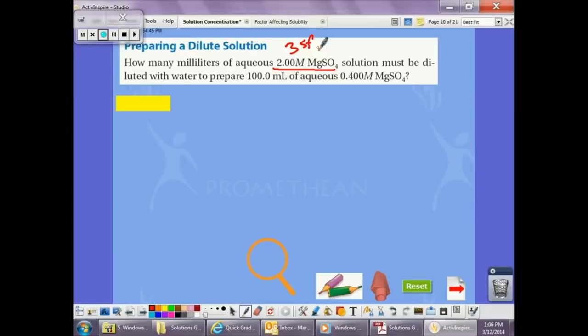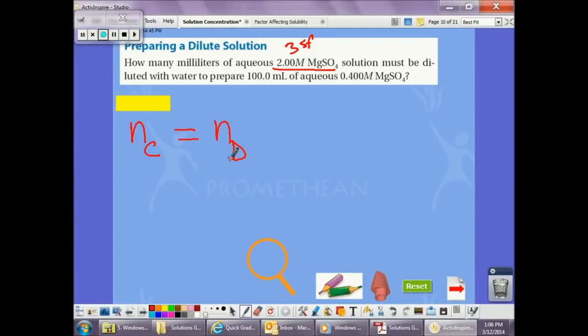I need you to write that formula down for dilution whenever you are diluting. What is the formula for moles? We are taking a concentrated solution and making a diluted solution. But the number of moles of the solute is the same in both.